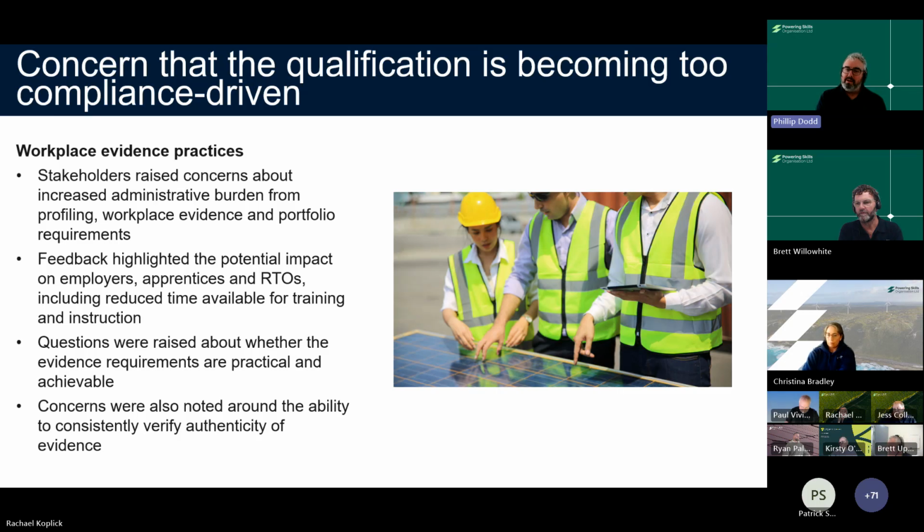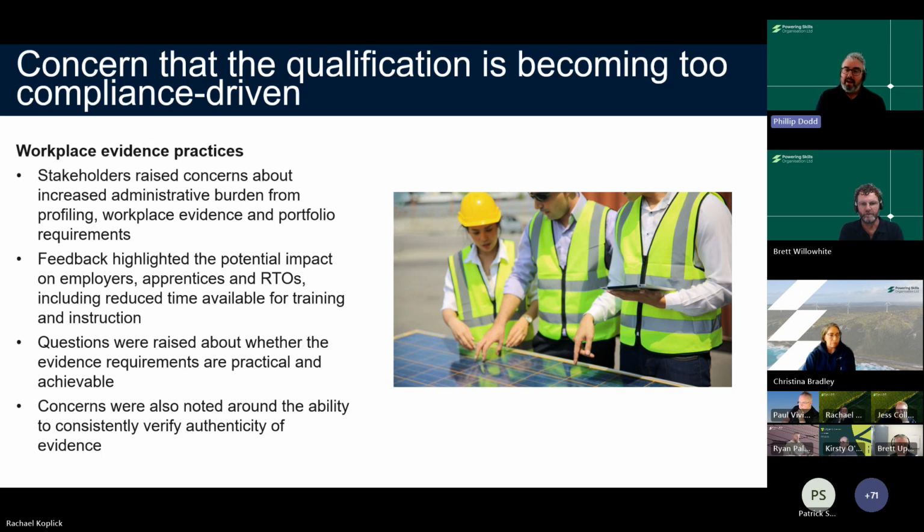Then we move into the workplace evidence collection and how that needs to be done. And what we put together is a unit that basically has some instruction around what needs to be collected throughout an apprenticeship. So we're saying that in the early stages of the apprenticeship, you start a workplace evidence portfolio, and you collect evidence throughout your apprenticeship that is then followed up with a unit of competency before the capstone or the EL39 is undertaken.